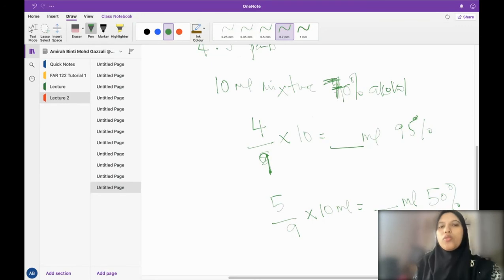So how much would that be? Four over 9 times 10, that would be 4.4 ml, and 5 over 9 here would be 5.6 ml.